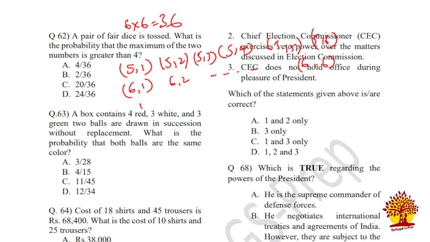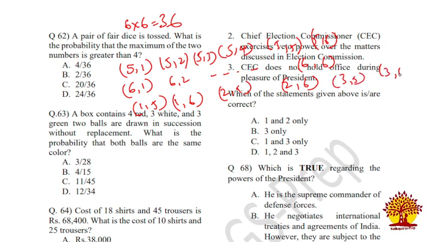Then 1 and 5, 1 and 6, 2 and 5, 2 and 6, 3 and 5, 3 and 6, 4 and 5, 4 and 6, 5 5, 5 6.